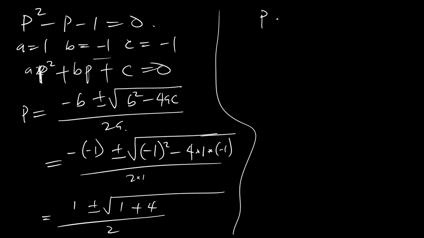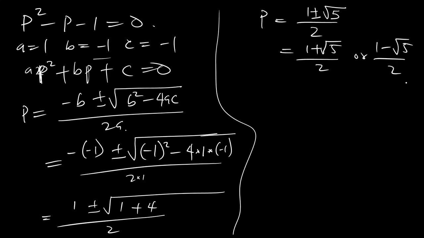So that means our p is equal to 1 plus or minus the square root of 5 all over 2, so p is 1 plus the square root of 5 over 2, or 1 minus the square root of 5 all over 2. Now let's bring back the value, since we said let p be equal to x squared.